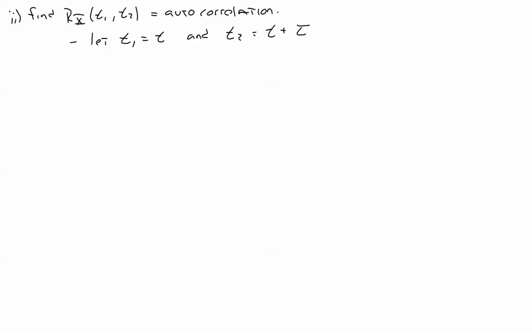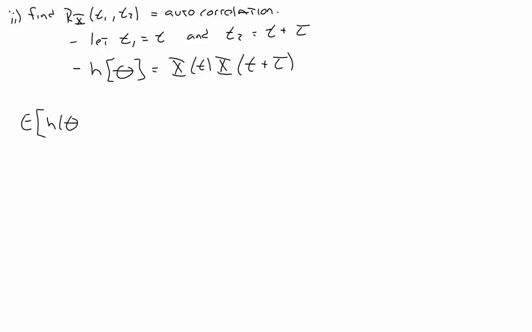All right. So h of theta is just going to be x of t times x of t plus tau, and the expected value of h is the expected value of x of t times x of t plus tau.